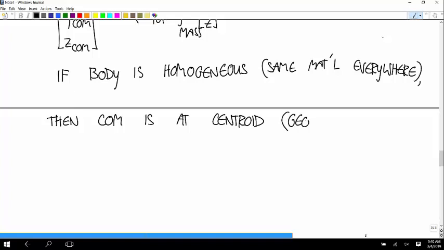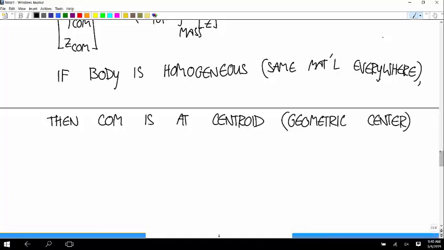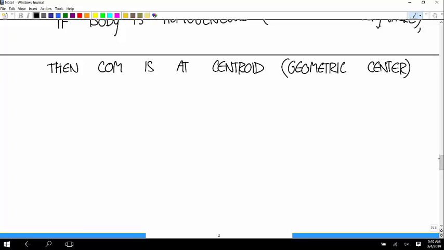The centroid doesn't have anything specifically to do with mass, but the centroid is at the same spot as the center of mass, unless you have, like, a material that's steel over here and wood over here, then the geometric center and the center of mass don't correspond. And so we're going to do these calculations using centroids.